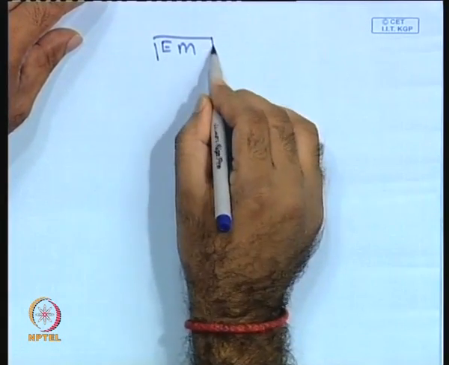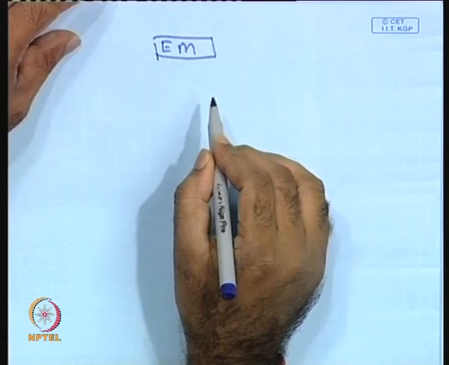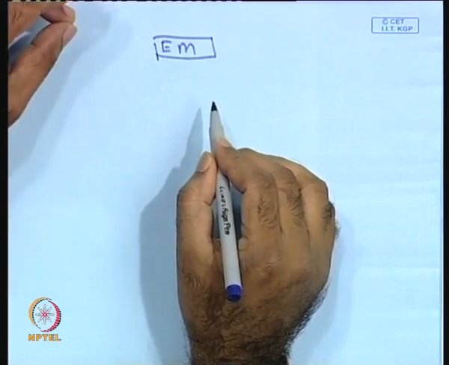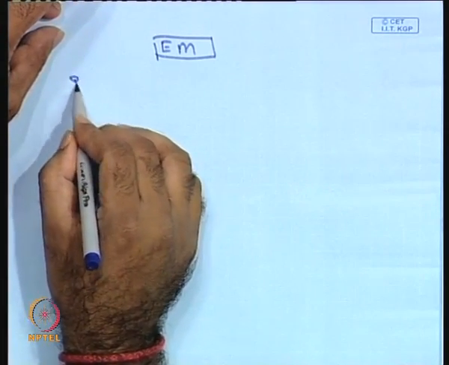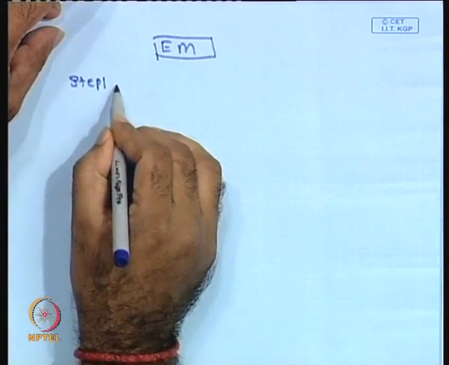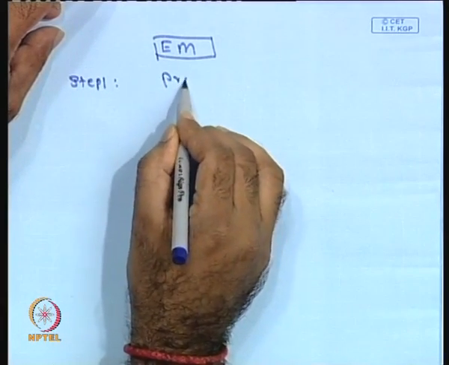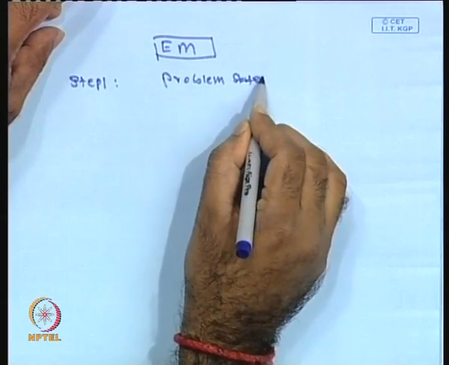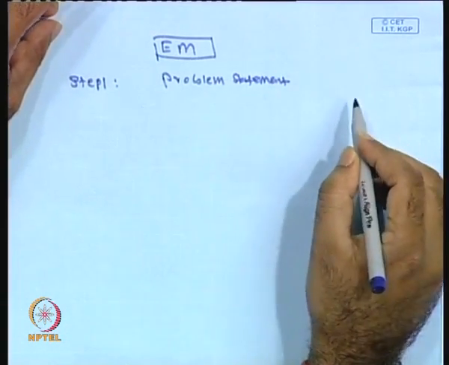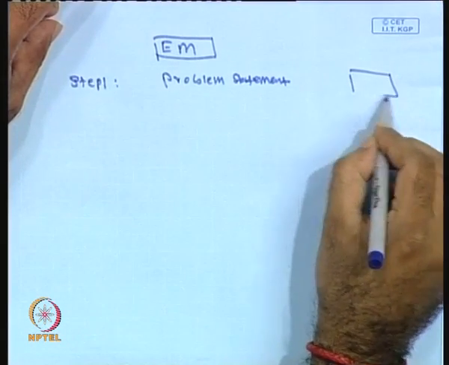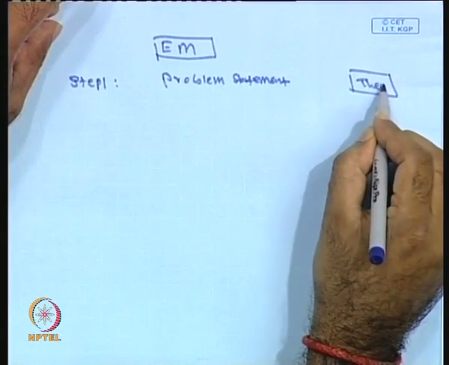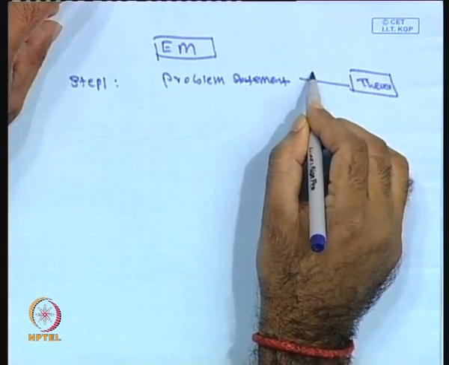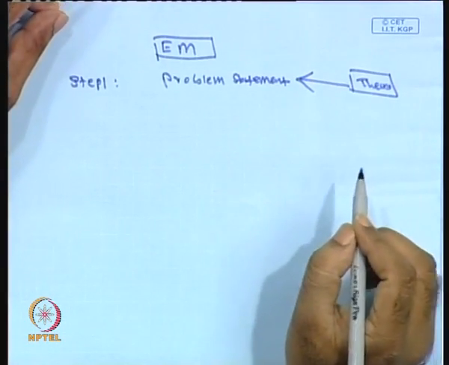The structure of econometric modeling starts with the problem statement. Step 1 is the problem statement, which basically derives from existing theory. So the problem statement we have to derive from theory.